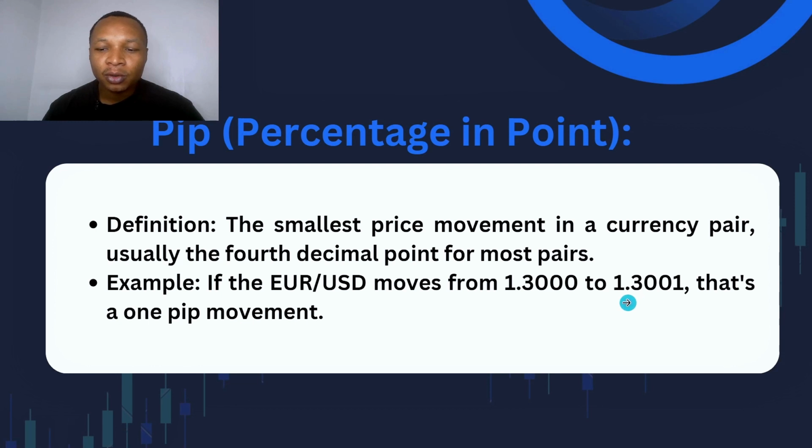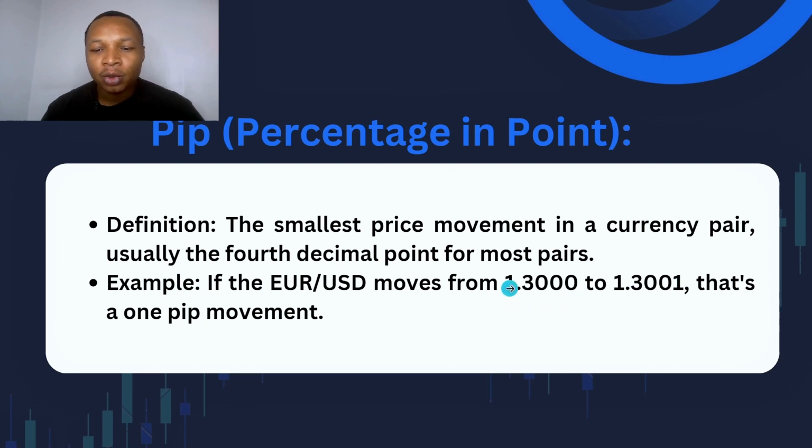If it does a movement from 1.3000 to 1.3005, we say there is a 5 pips movement in price. If it also moves from 1.3000 to 1.3010, we say there is a 10 pips movement in price.